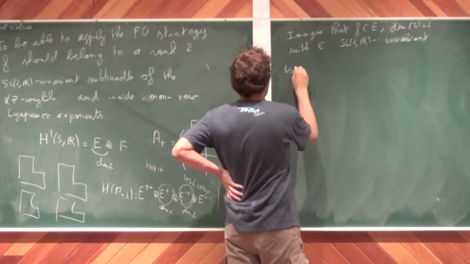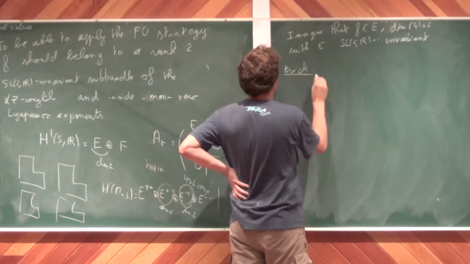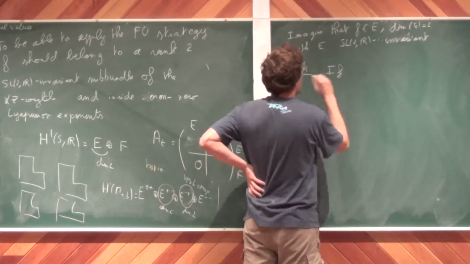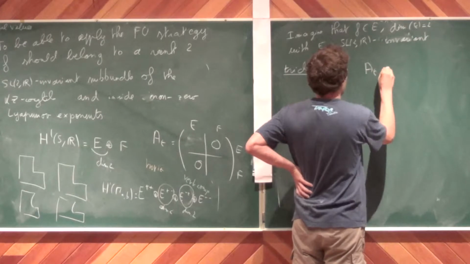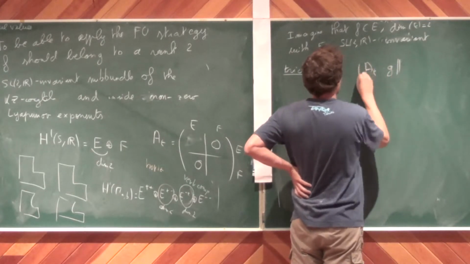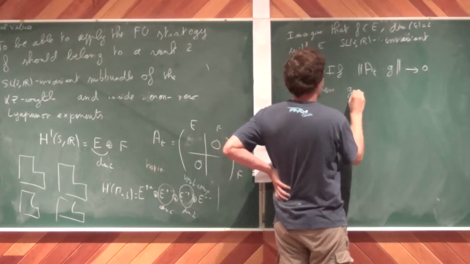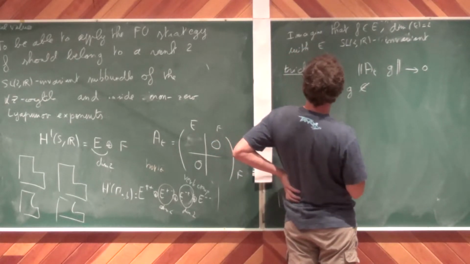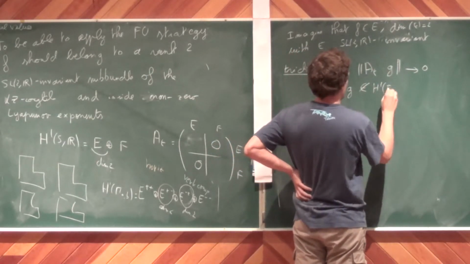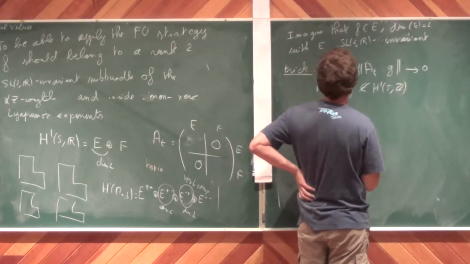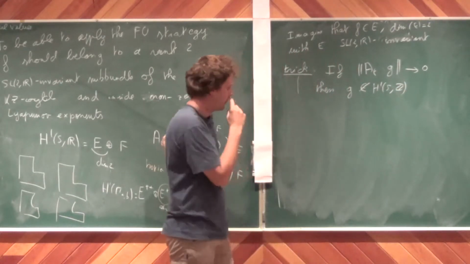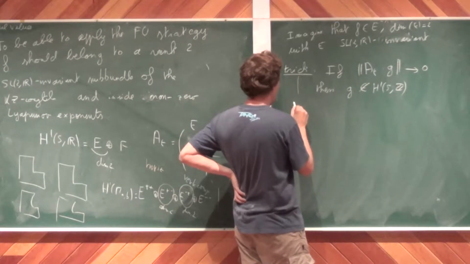So trick, this is very useful. If AT of G goes to 0, then G does not belong to the integer. And the proof is stupid.